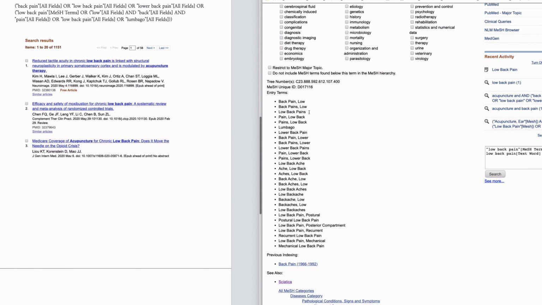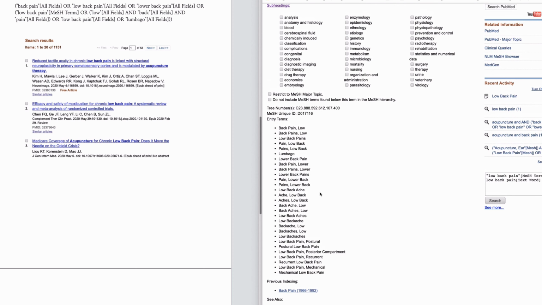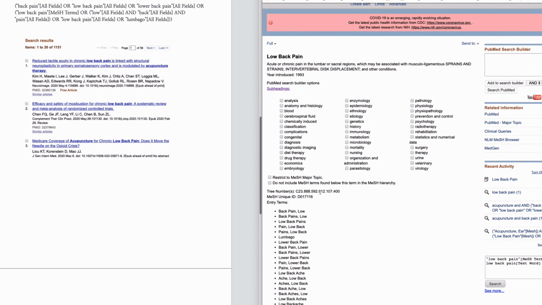So the author or researcher can use many different synonyms to express what they want to say, but the editors of PubMed change them to a more general, controlled, or widely used term. So that is the MeSH term based index database, and we are using those terms to find articles more effectively.